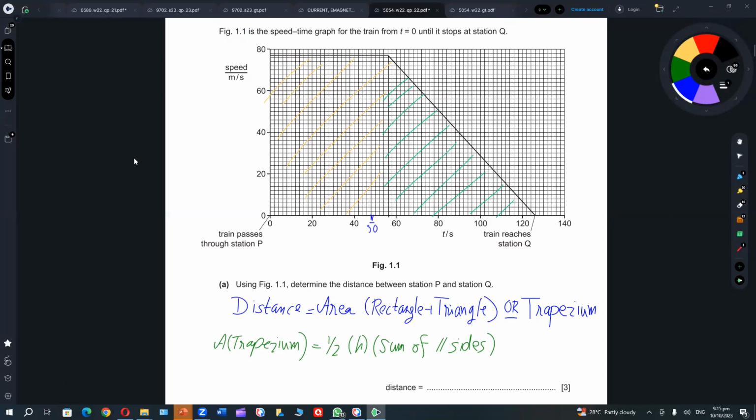So is it 50? The first line is ending at, I think, 58.